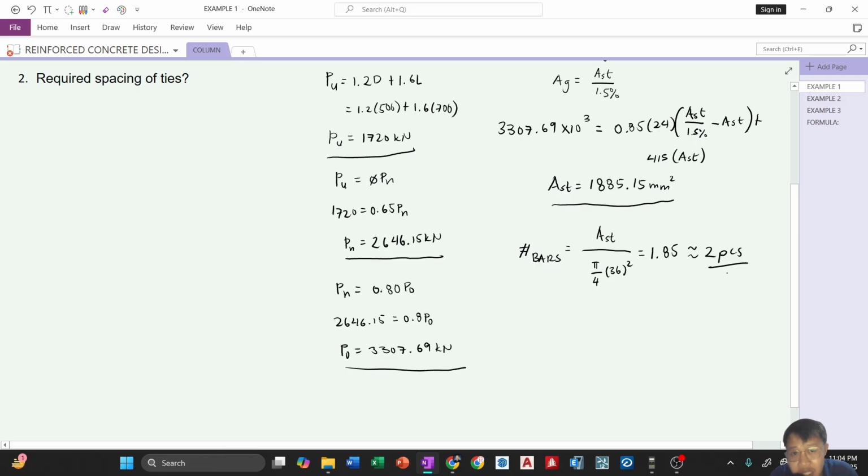We cannot accept this as our final answer. So, the number of bars na tatanggapin natin must be 4 pieces. As per code, 4 ang dapat na meron tayo para sa rectangular tied column. So, this will be our answer for number 1.